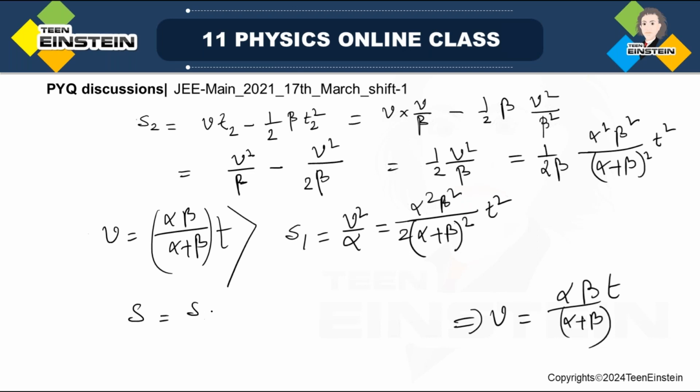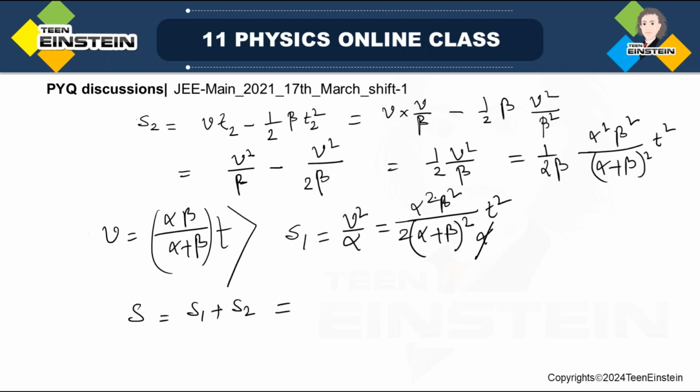So I have to find out what is s. s is equal to s1 plus s2. So what are s1 and s2? We have found that one alpha cancels, so alpha beta square, and one beta can be cancelled.